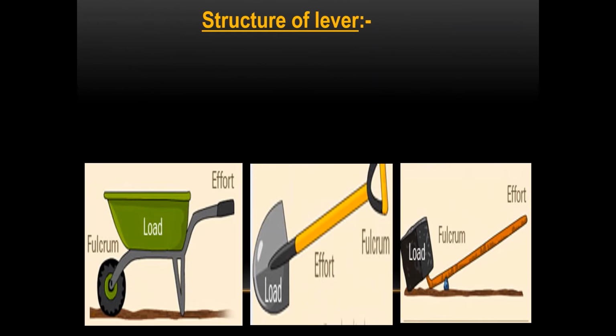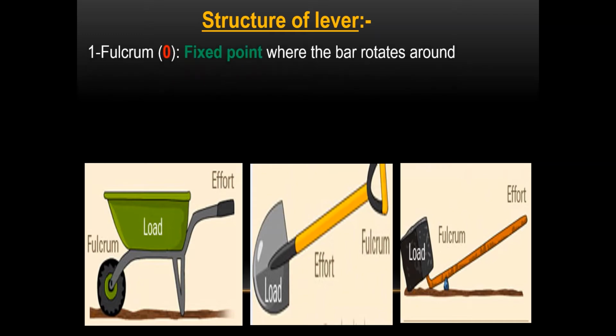Okay, from the previous video, we can explain the structure of levers. Okay, the structure of lever is three parts. The first part is fulcrum, and I will give it the simple symbol O. Okay, what is fulcrum?